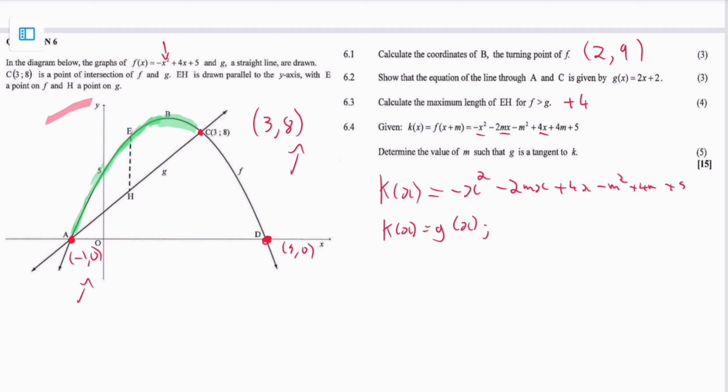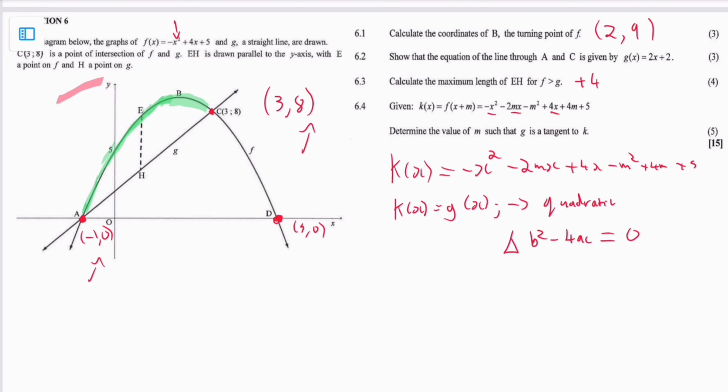That is going to give us a quadratic. And once we have that quadratic, we're going to check the determinant, and which values of m ensure that b squared minus 4ac is equal to 0.